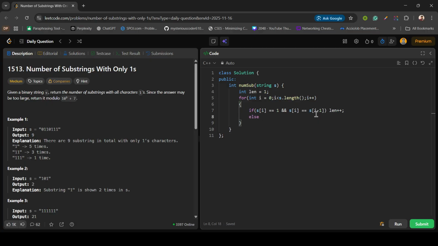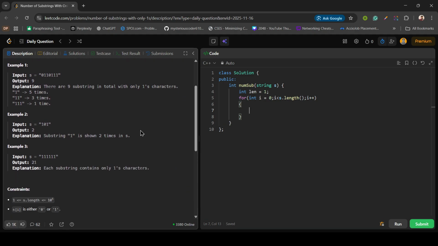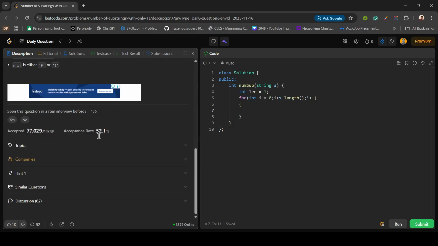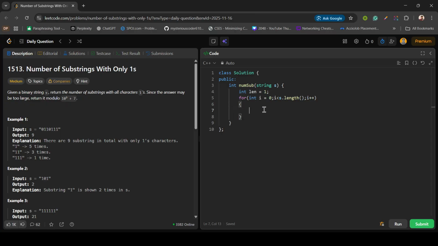And if not, else, if s of i is not equal to s of i minus 1 or s of i is not equal to 1, then we will simply see the length is obviously 1, right? But by this we can lose some of our answer. Let me do something. Let's write like this.